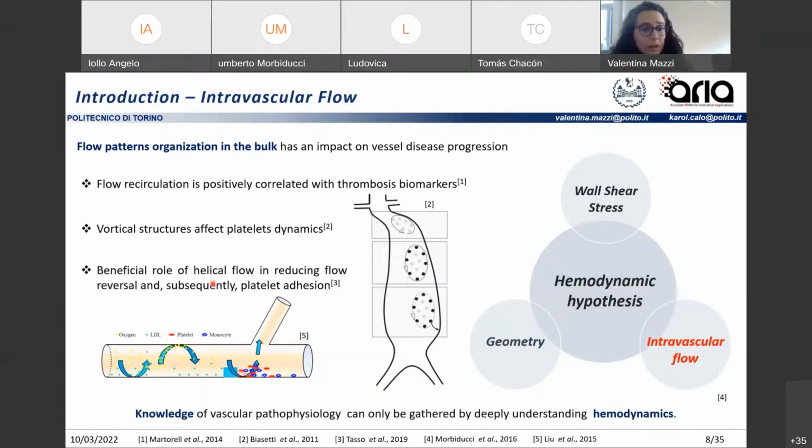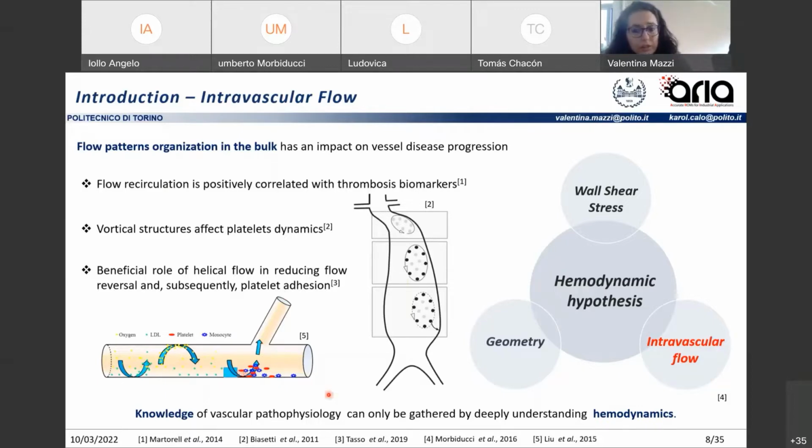Finally, also helical flow, which is well known to be a typical feature of arterial flow, plays a beneficial role in suppressing flow reversal and flow recirculation, and subsequently reducing platelet adhesion and thrombotic risk.